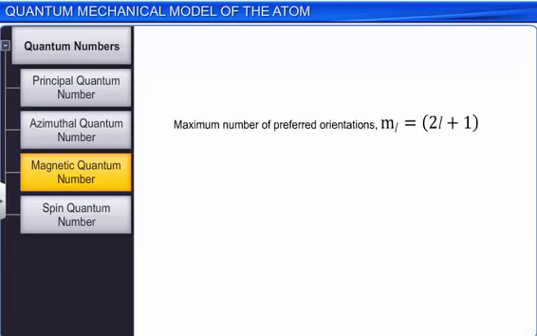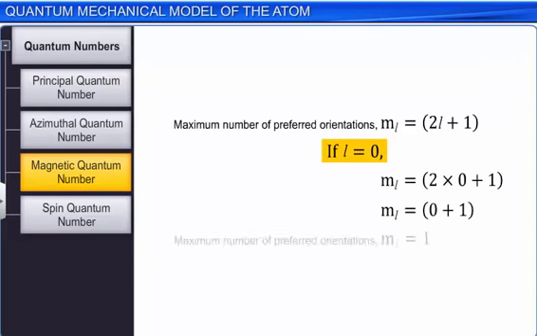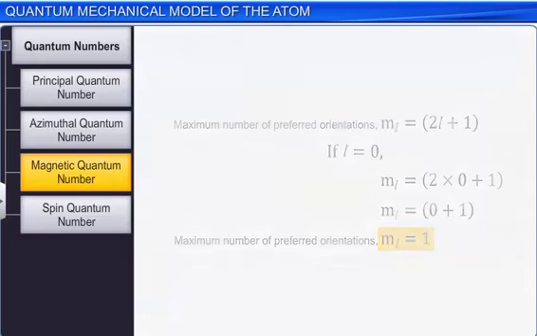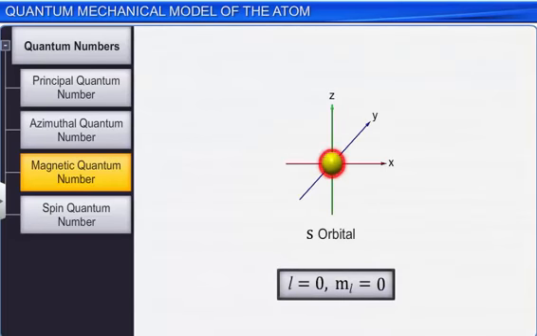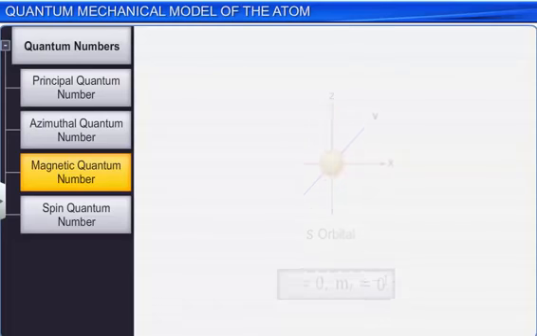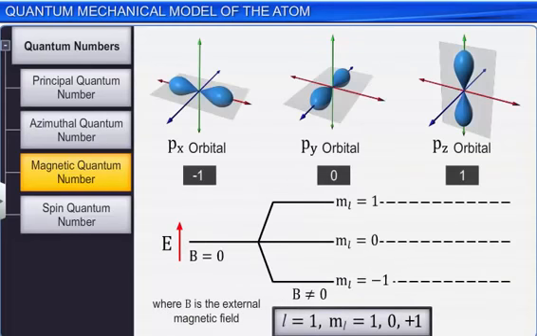Hence, for l is equal to 0, the number of preferred orientations is equal to 1. Thus, s subshell can have only one orientation in space and only one orbital. For l is equal to 1, the p subshell can have a maximum of 3 orbitals with orientations along the 3 axes.